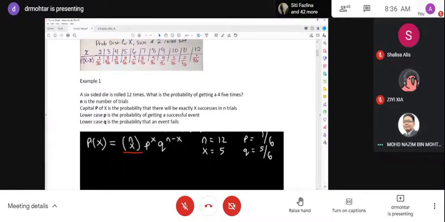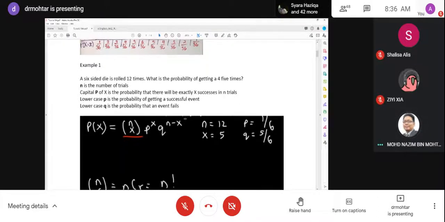So this is the formula, right? P of x equals nCx p to the power of x, q to the power of n minus x, right? The number of trials is 12, so n equals 12. How many successful events do we want?